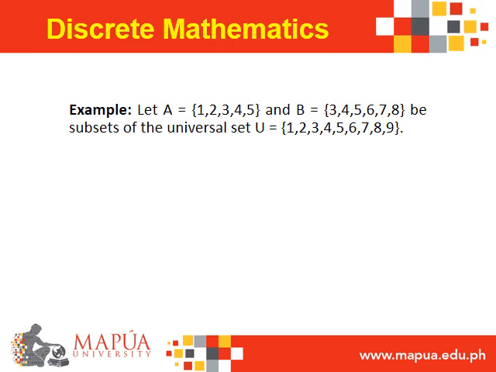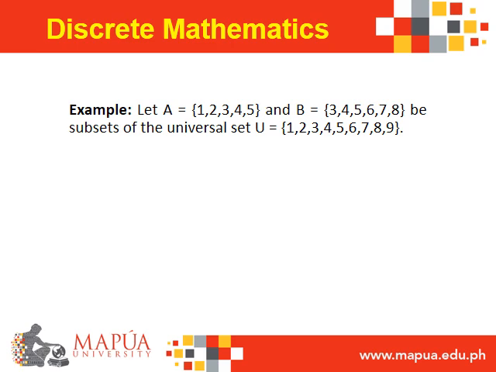Therefore, when we represent a value, we replace that with 1 or 0: 1 if that element is present in your given set, and 0 if that element is not present in your given set.